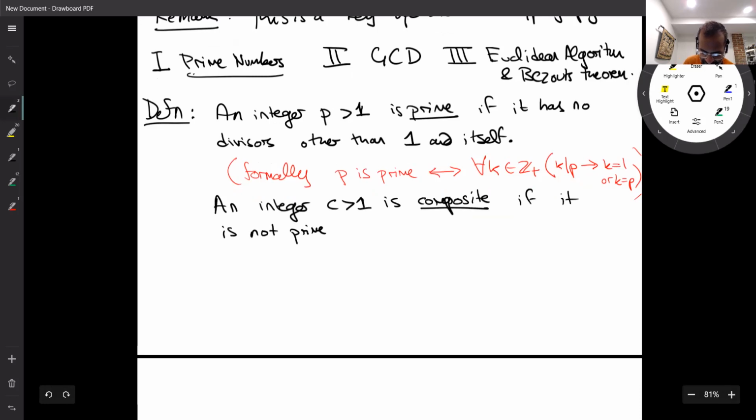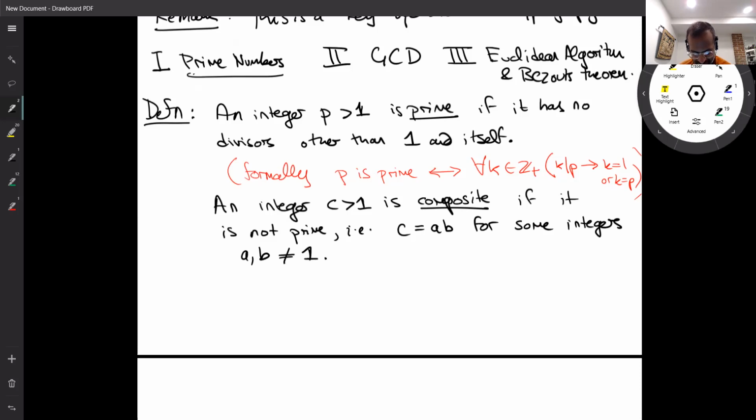And not prime means that it has some divisor other than 1 and itself. That means c is equal to a times b for some integers a and b that are not equal to 1. So you can divide c by something other than c and 1.